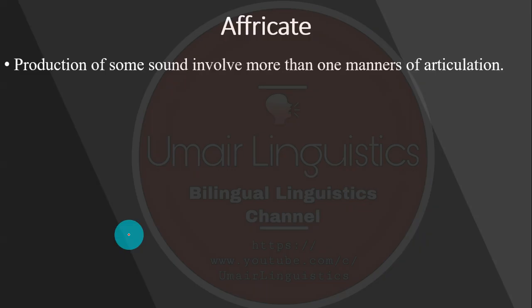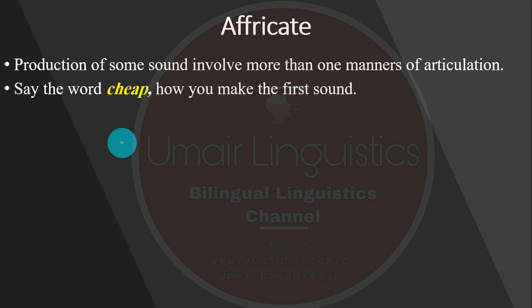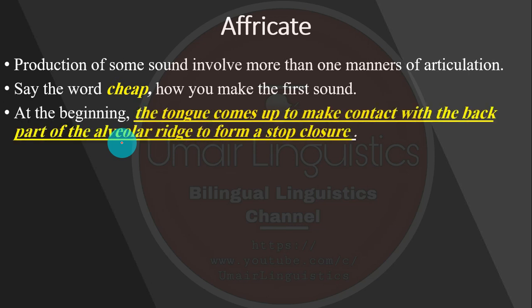Then we have affricate. Affricates are sounds in which we have not only one manner of articulation, but a combination of more than one manner of articulation. For example, if we say the word cheap, how do you make the first sound? You will notice that the tongue first makes contact with the back part of the alveolar ridge.